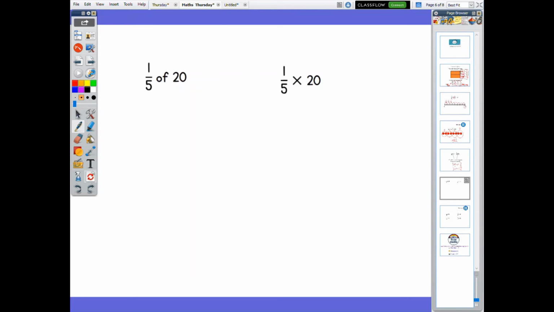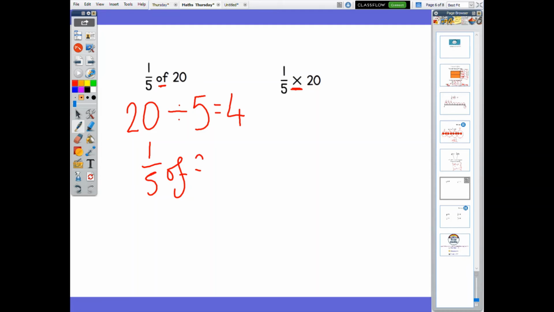Okay, so let's have a look at of and multiply and see how they are similar or the same. If I've got 1/5 of 20, I could do 20 divided by 5, which is what we've been doing, to give me 4. So 1/5 of 20 equals 4.